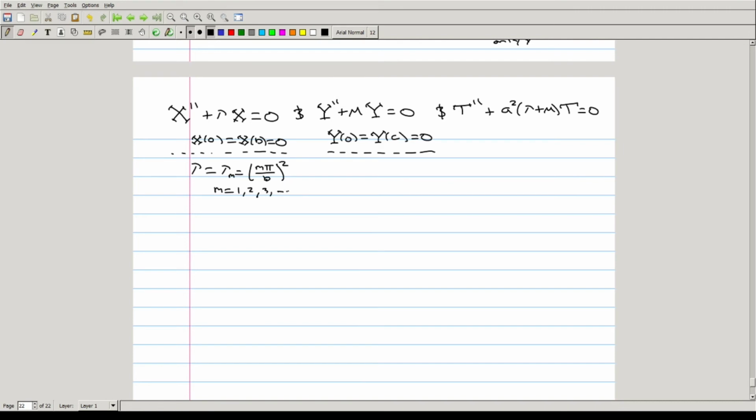This works for any value of m in the positive integers. And same thing for mu. Mu has to equal mu n, where mu n is (n pi over c) squared, for n equal to 1, 2, 3, all the way to positive infinity.